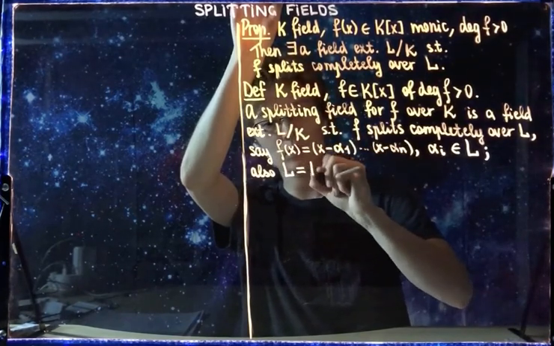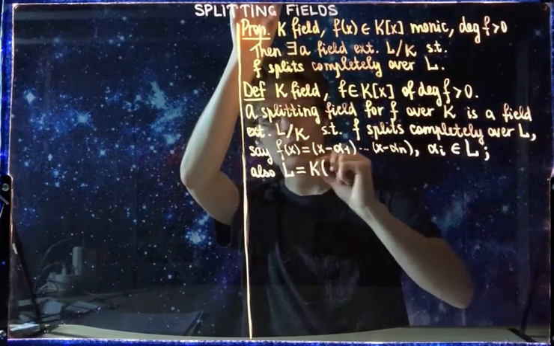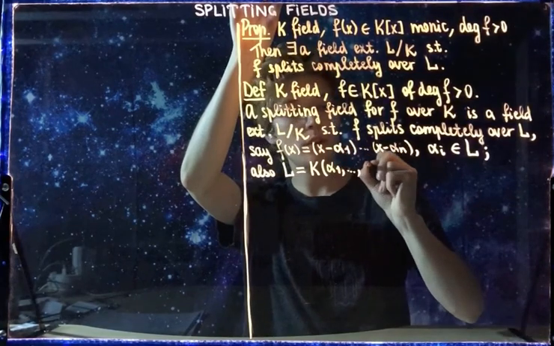So L is the smallest subfield that contains k and all the roots alpha 1 through alpha n.